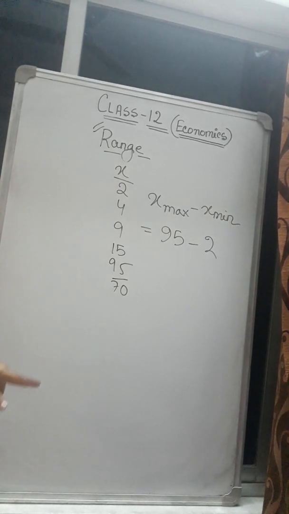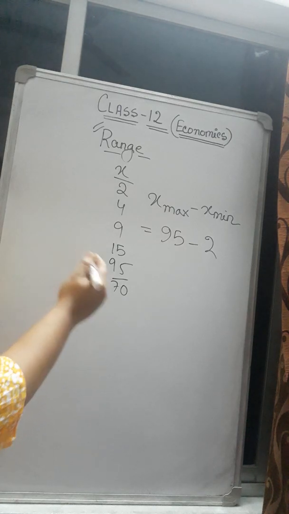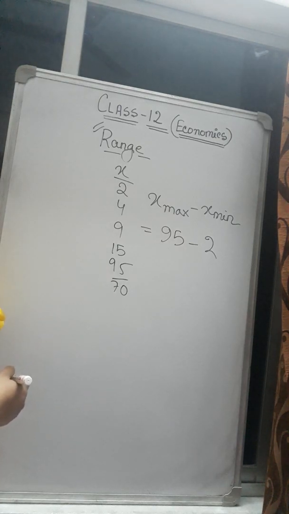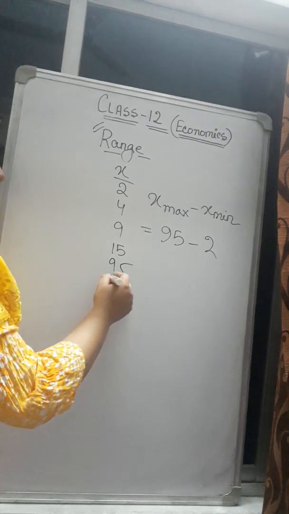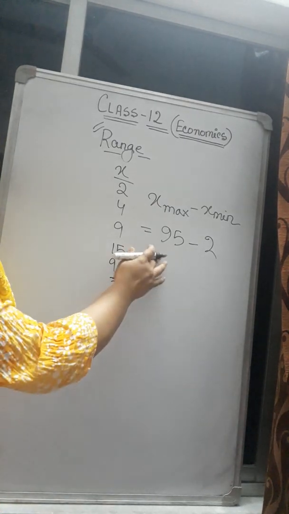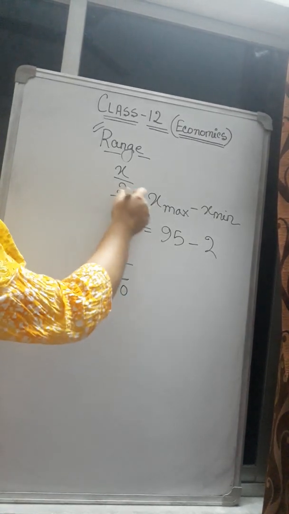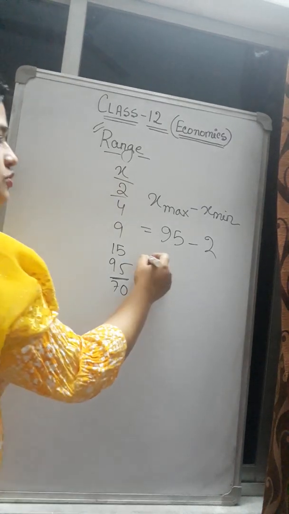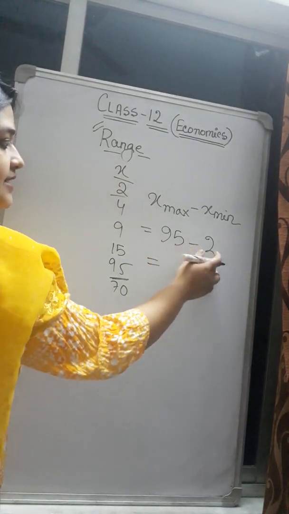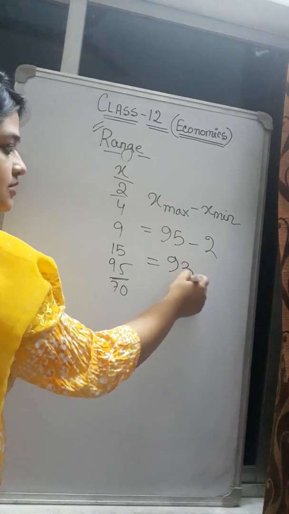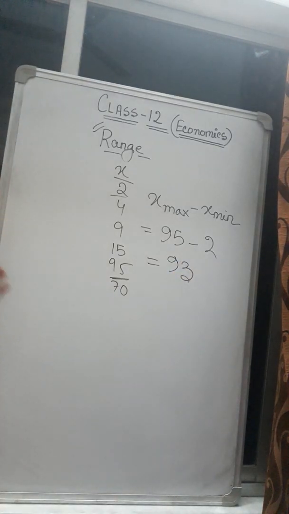If I want to know how much your maths marks are dispersed, that means what is the variability of your maths marks? It is very high, because once you are getting as much as 95 and once as low as 2. So 95 minus 2, 93, is the variability result.